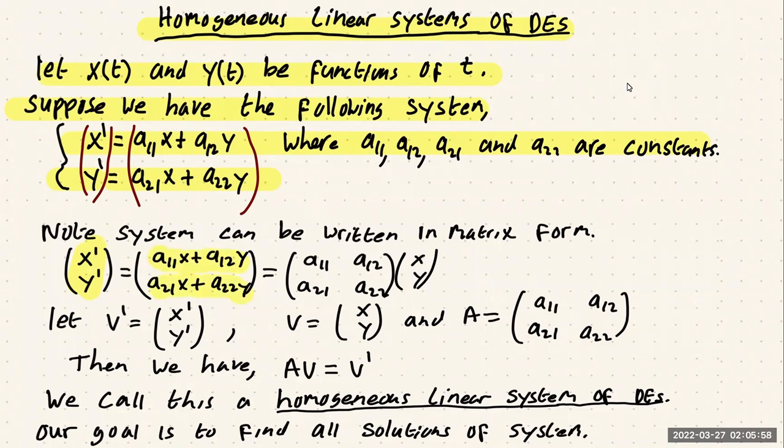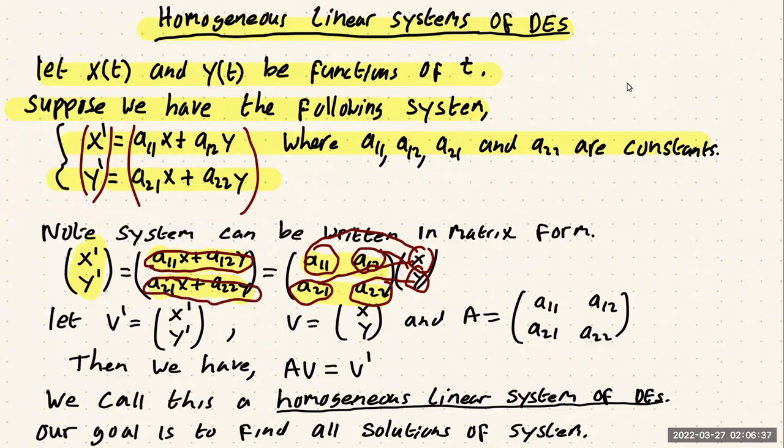I can write this as the matrix a11, a12, a21, a22 with the vector x, y on the outside. What this means is I take the x multiplied by the a11, and the y multiplied by the a12, and that's how I get this first row. Then I take the x times the a21 and the y times the a22, and add them together. That's how I get the second row.